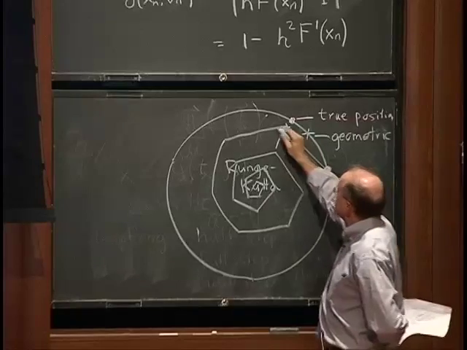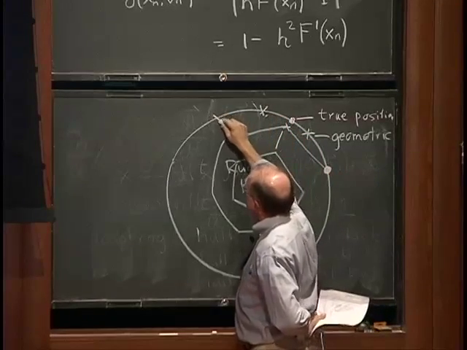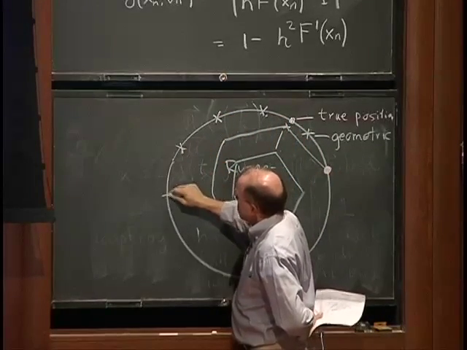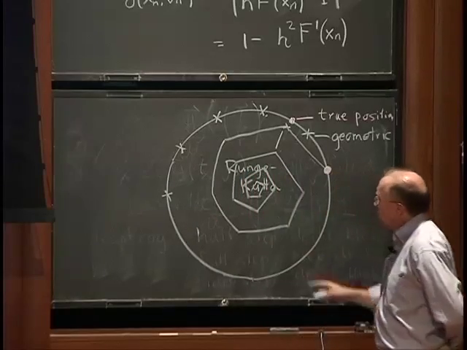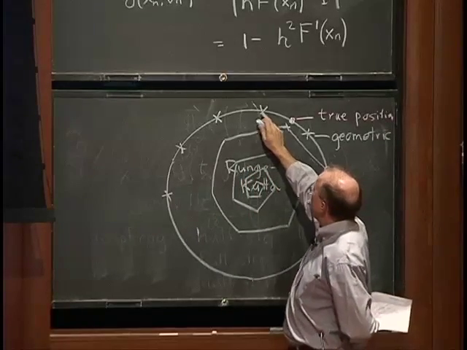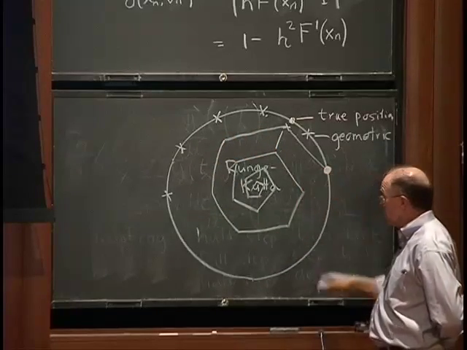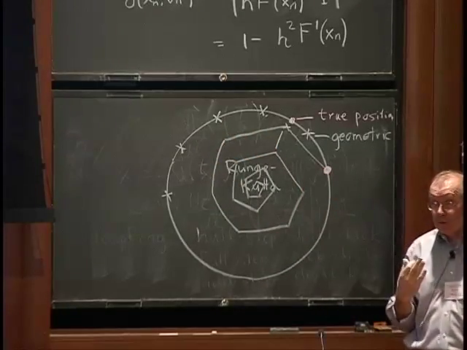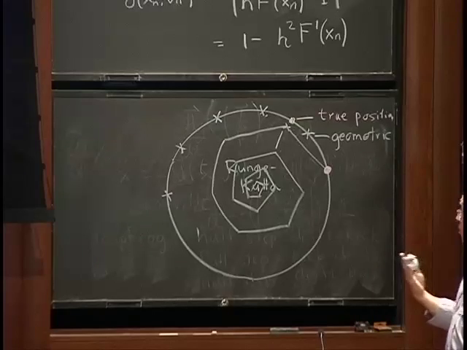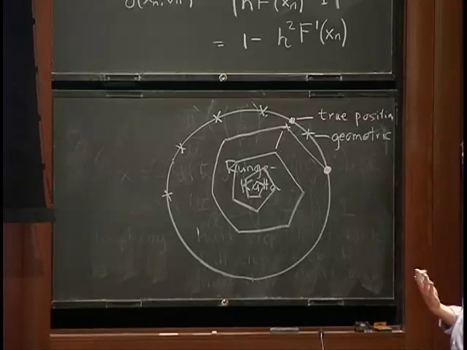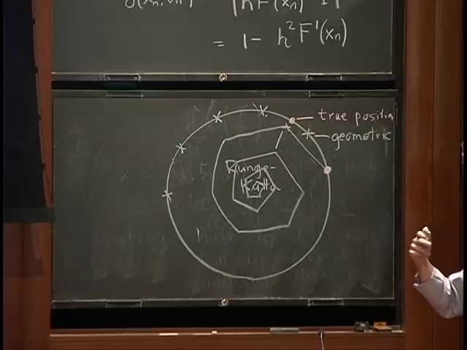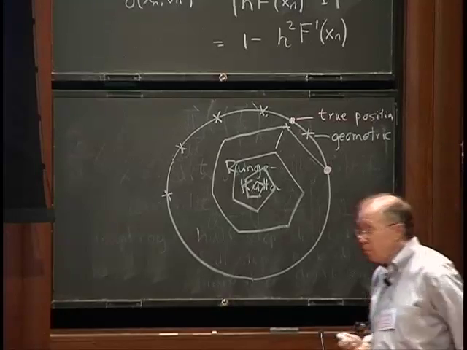The geometric system will continue to go more or less along this curve. This isn't quite correct. It may oscillate back and forth, but it won't have any spiraling behavior. That is, it won't have any numerical dissipation. And so over very long times, phase errors are simply so much more benign than errors in the energy that you're better off with the geometric method.